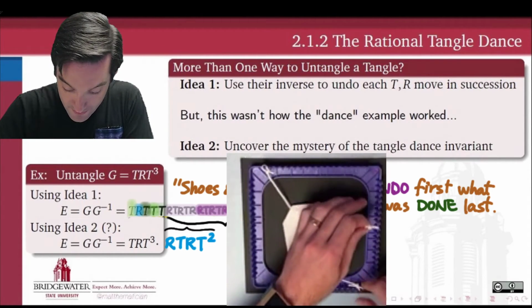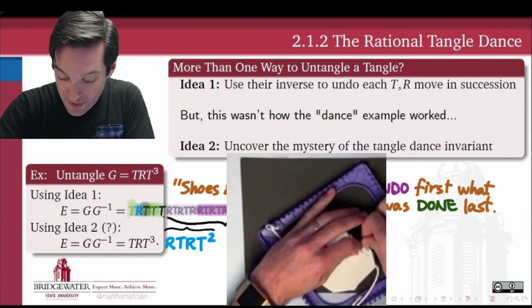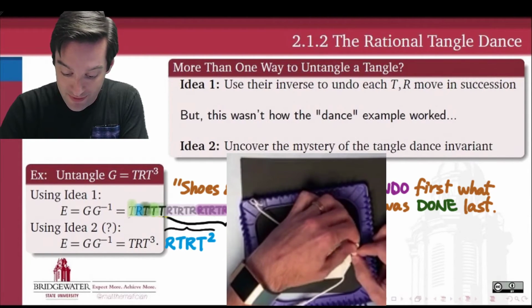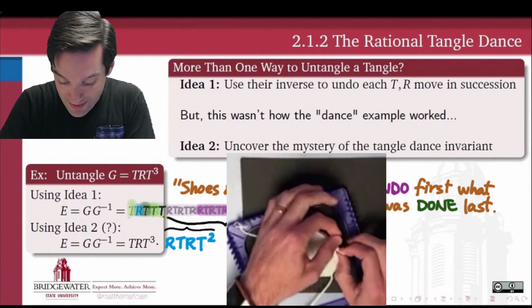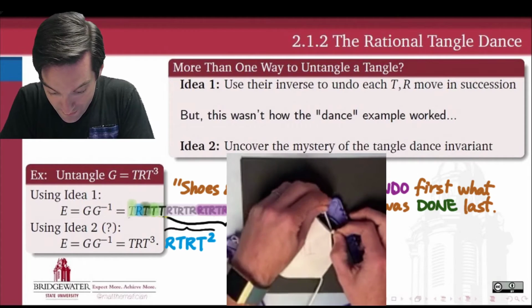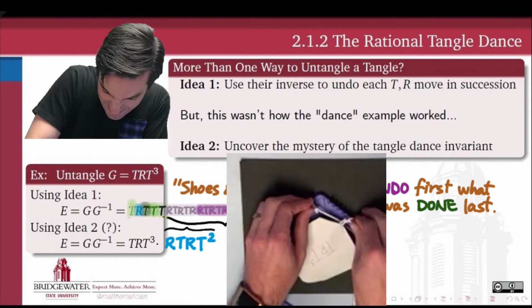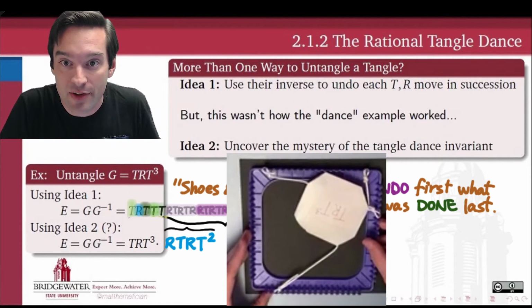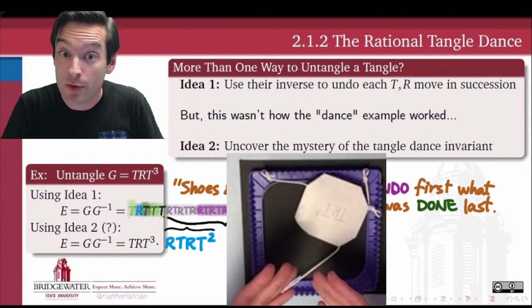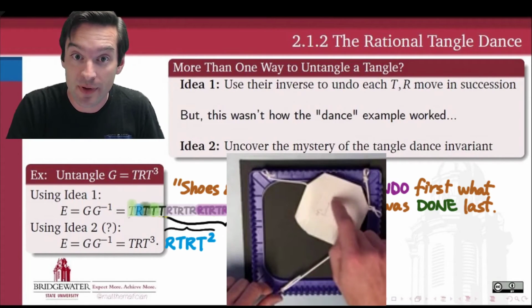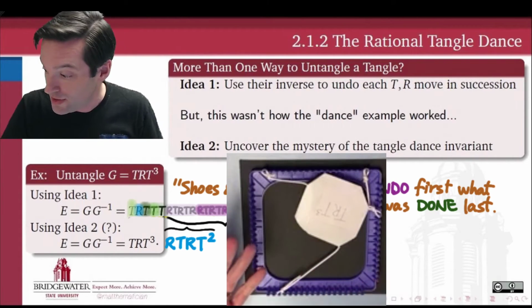So I'll take the top northeast, I'll bring it over the southeast. My strings are getting kind of short to do this. I need to do it one more time and then reattach. There we go. So I don't quite have a square anymore because my strings are getting too close. So what I have now is a tangle whose word would be TRT cubed, followed by RT squared.